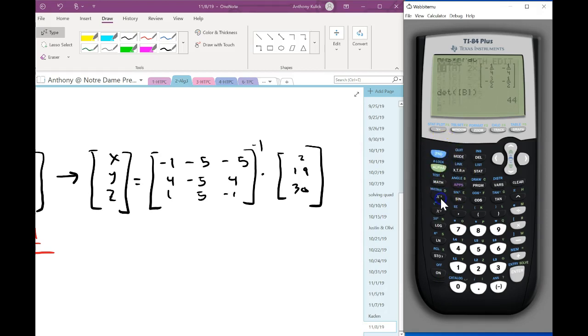So I'm going to use matrix A, which is going to be this 3 by 3.